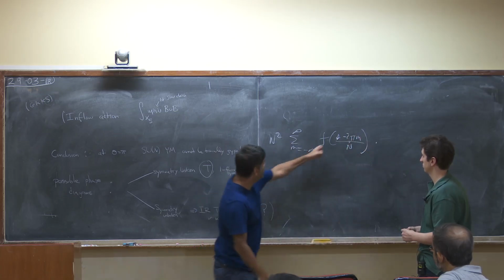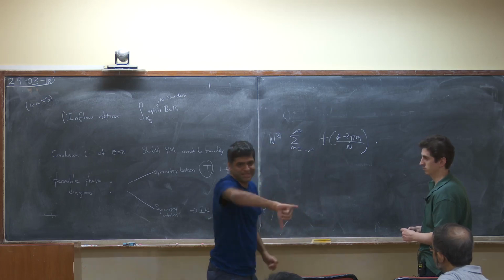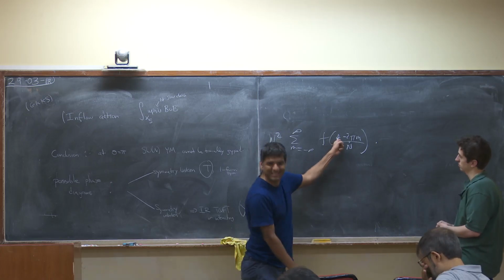Now we know that this function f has a minimum at 0, just because theta and minus theta are the same by time reversal. So it must start quadratically at 0.